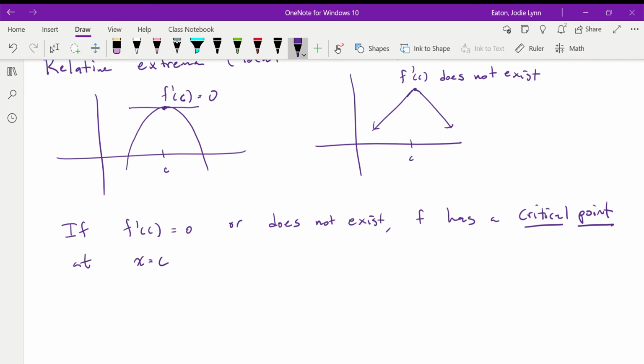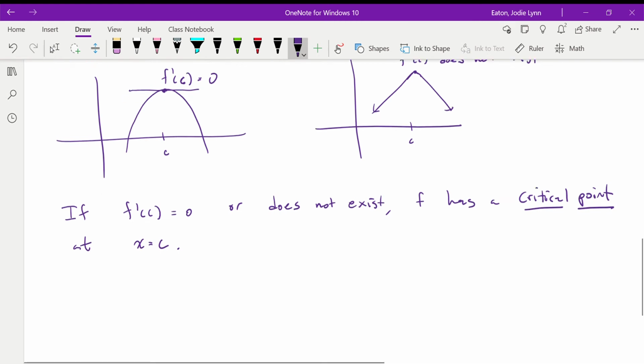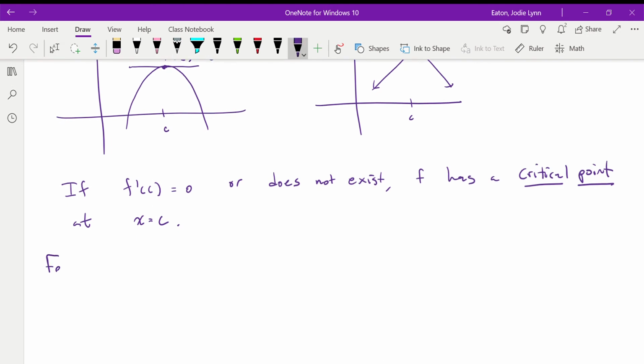So a critical point could be a local extremum. It could be a local maximum, it could be a local minimum. We'll talk a little bit later, it doesn't necessarily have to be, but it could be. And Fermat's theorem says that at a local extremum, you can't have a derivative other than 0.